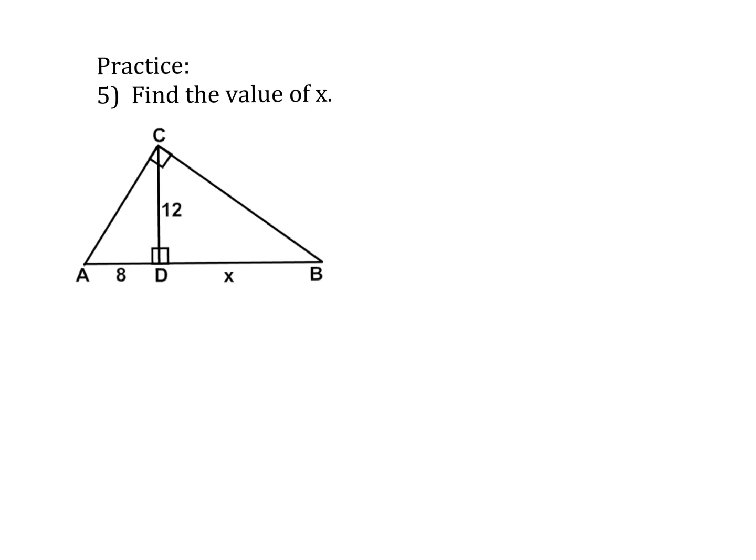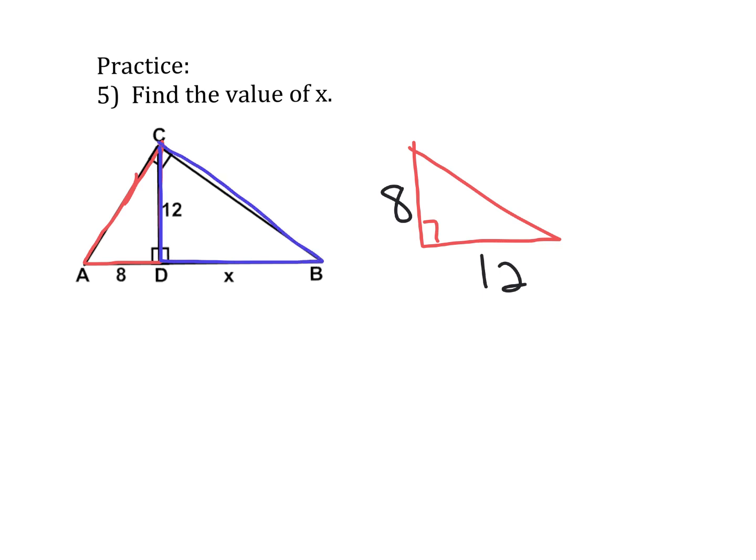Number 5 is going to look a little bit different as we work this out. So I'm just going to redraw that. What you'll notice is different here is that we know 2 of the sides of that triangle.